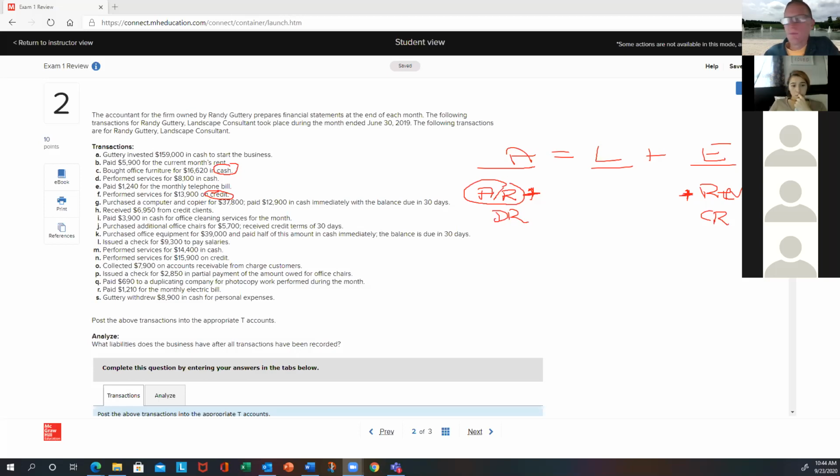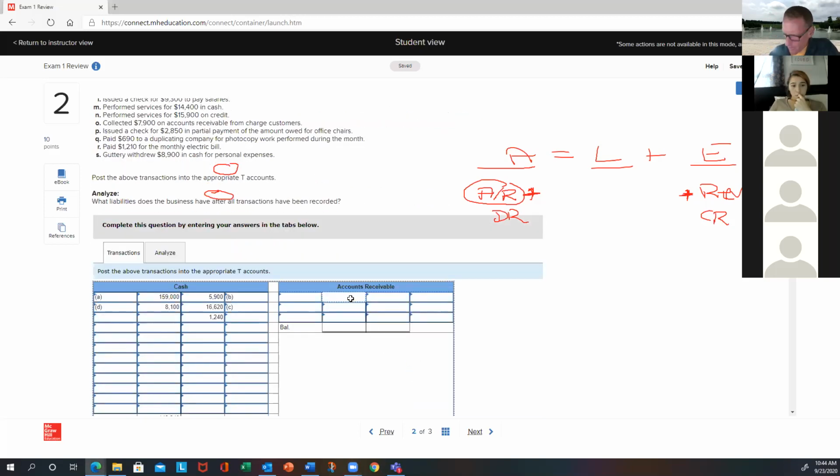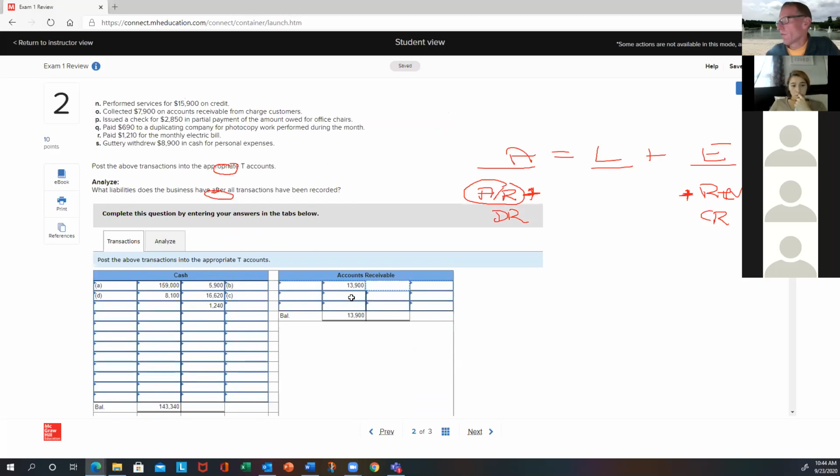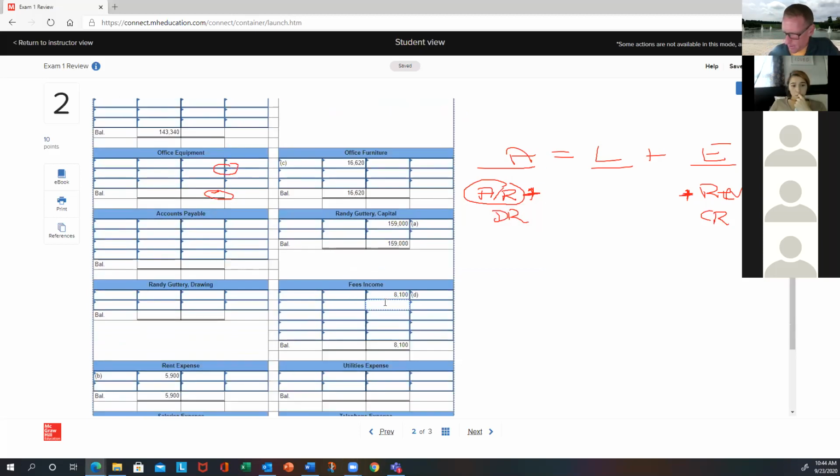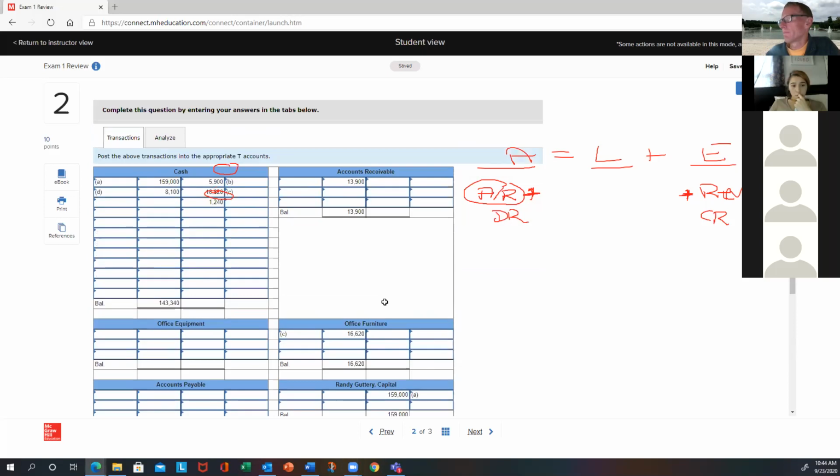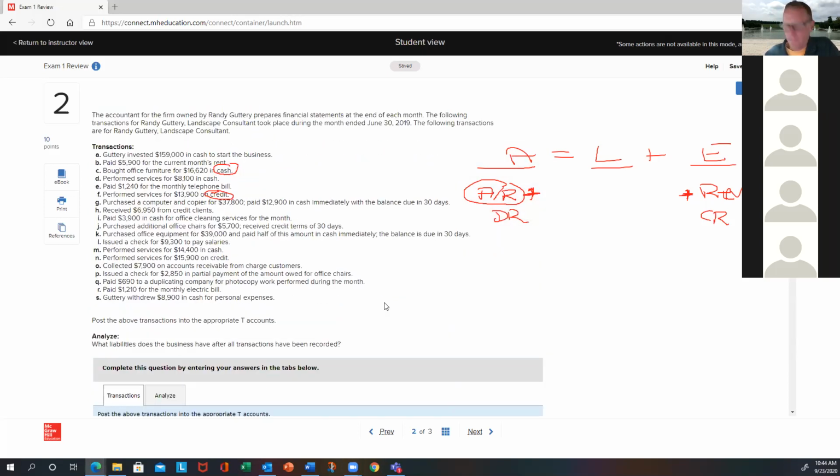So if I go down to my T account, it looks like it's 13,900. I would debit accounts receivable and then credit fees income. Will everything you put in the boxes be positive? Yes.